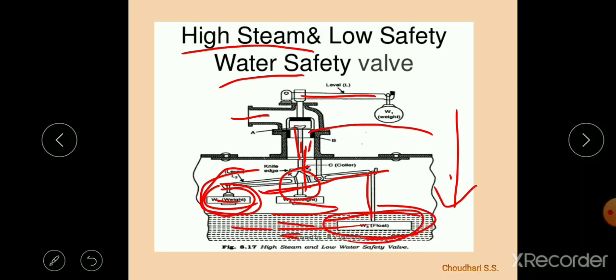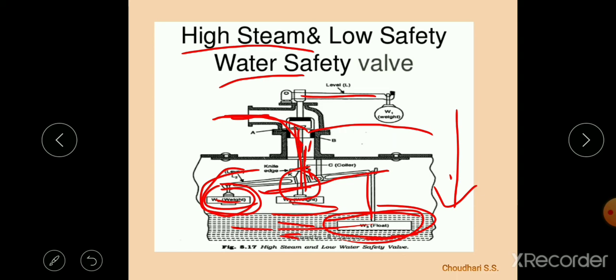Because of this the valve rises up, causing the steam to escape. The escaping steam makes a noise or loud sound that can be used to warn the operator that the water level has fallen below the normal level.